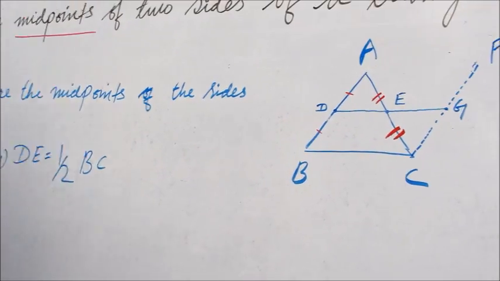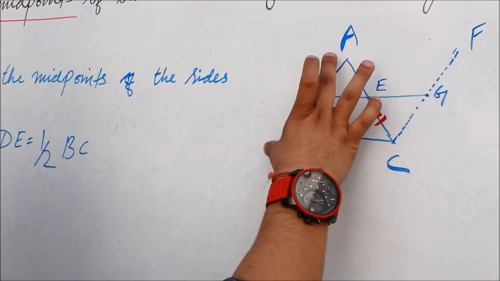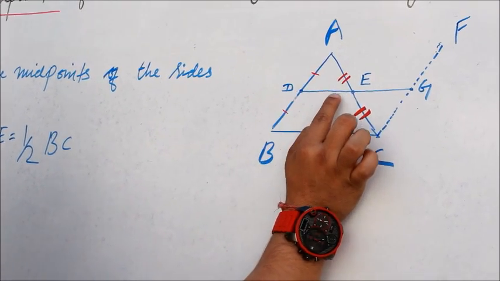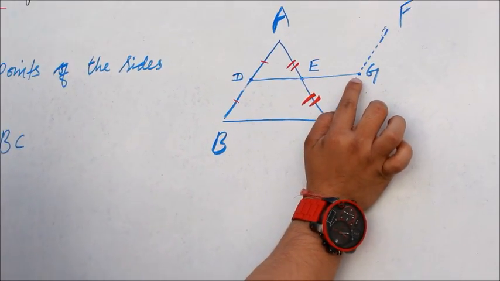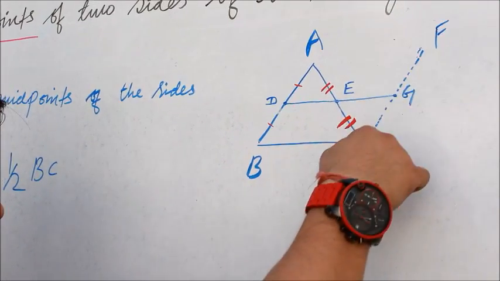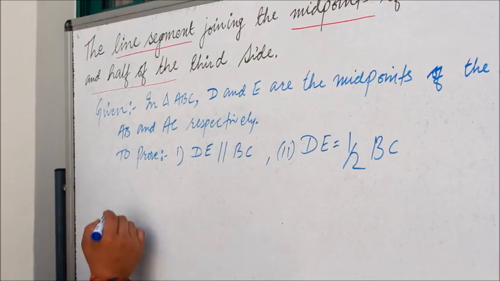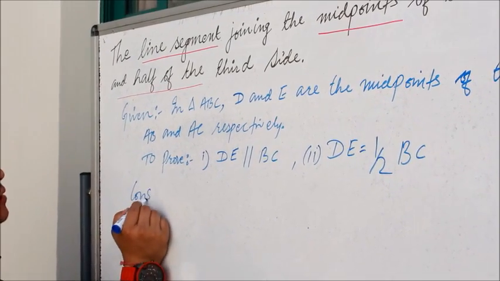So what have you done in the construction? From the point C, you have drawn a line CF parallel to BA, and you have extended this line DE up to the point G where it meets the parallel line CF. So what you have made in the construction, you have to write here.